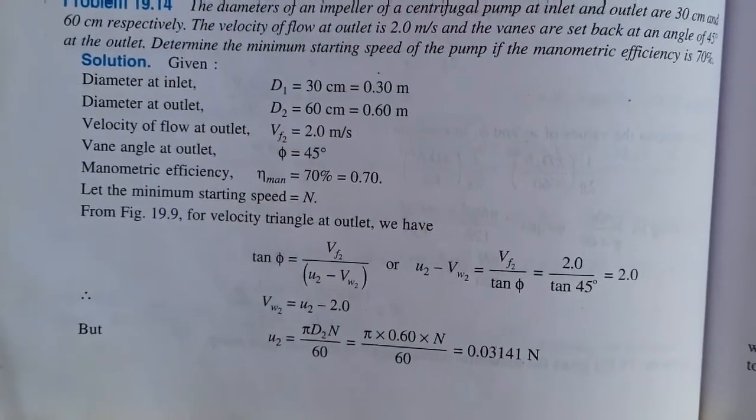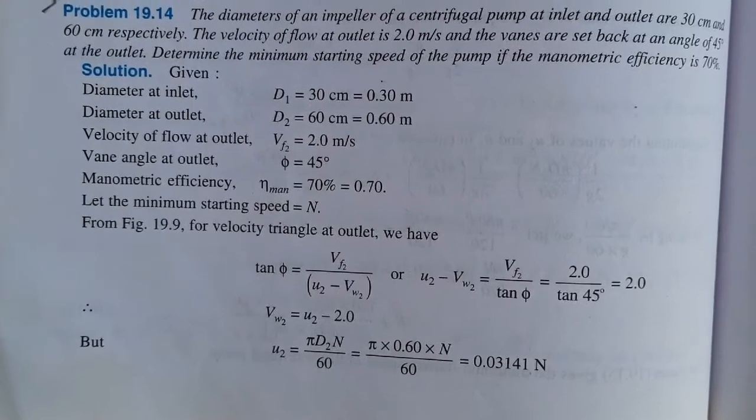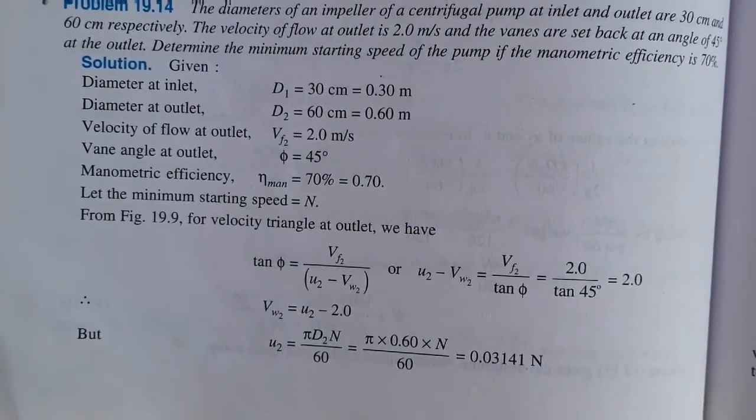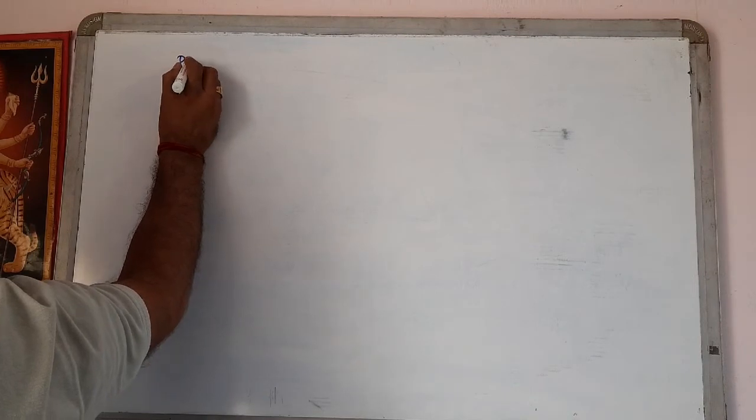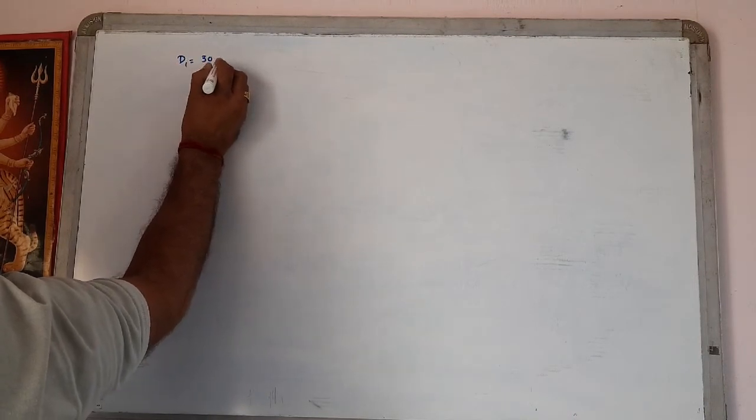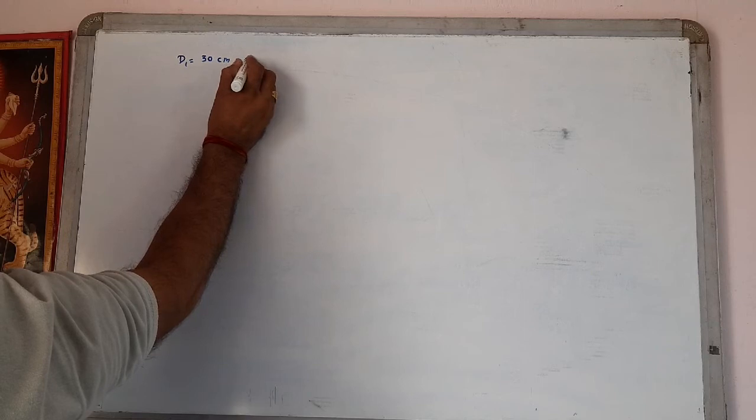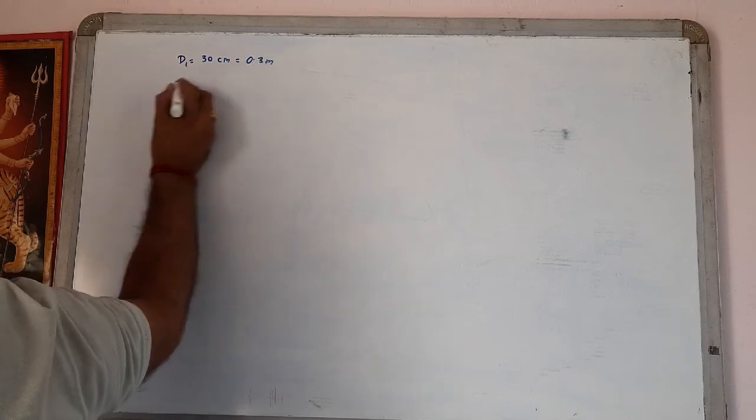Determine the minimum starting speed of the pump if manometric efficiency is 70%. Here the data given are D1 equal to 30 centimeter equal to 0.3 meter.